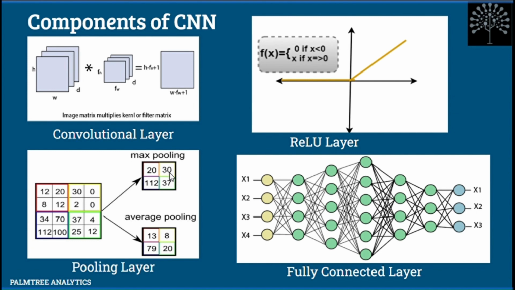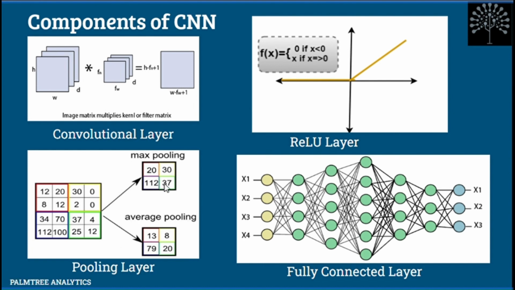There are multiple techniques: max pooling, average pooling, different kinds of pooling. In this pooling, see 8, 20, 8, 12. This matrix will become, if you are using the max pooling technique, in this box the higher value 20, in this box the higher value 30, in this 112, and in this 37, sorry.